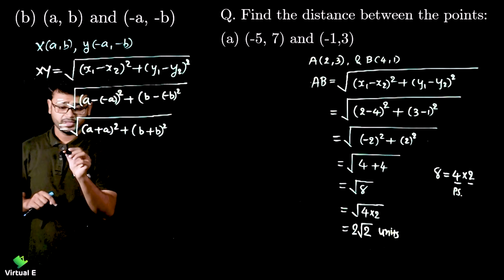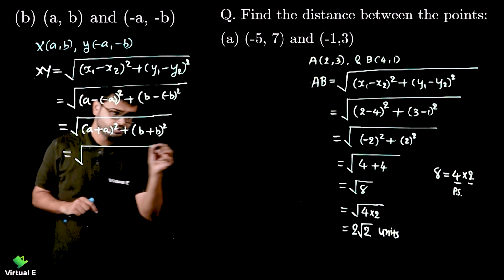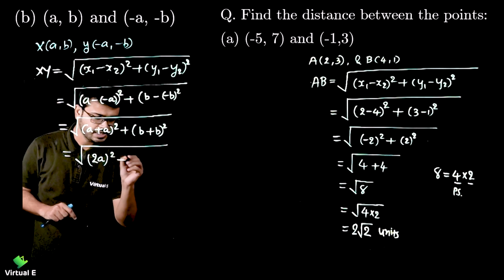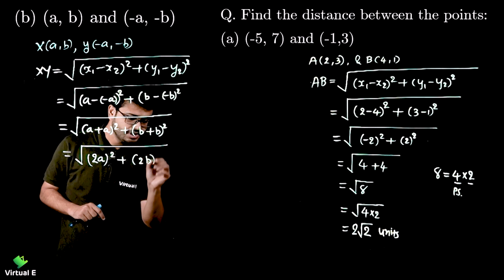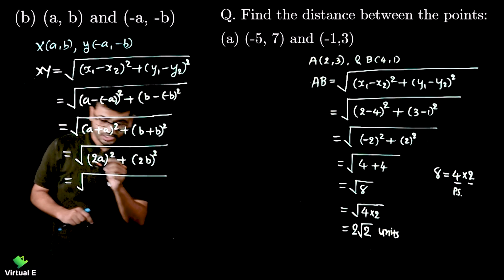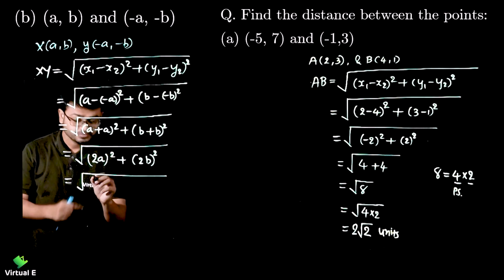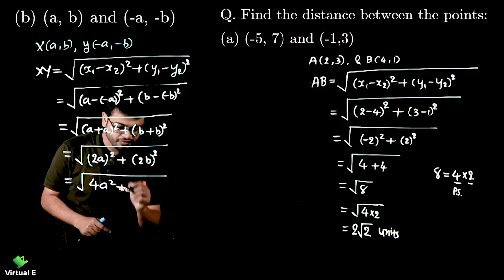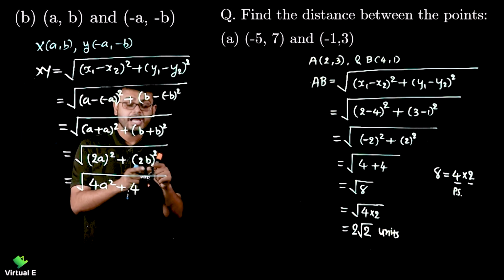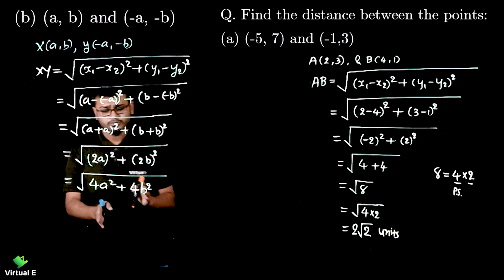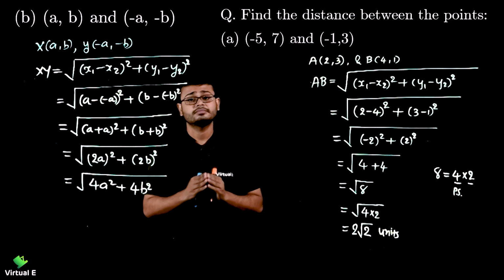Done. Now let's simplify further, which is a plus a, that will make (2a) whole square, b plus b, (2b) whole square. Then let's take squares. Square of 2 is 4, square of a is a square, square of 2 is 4, square of b is b square. Now 4a square plus 4b square.